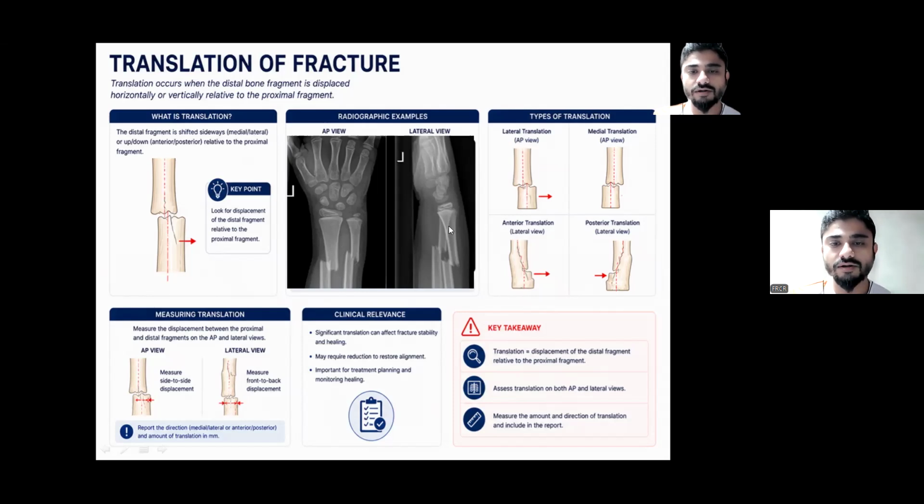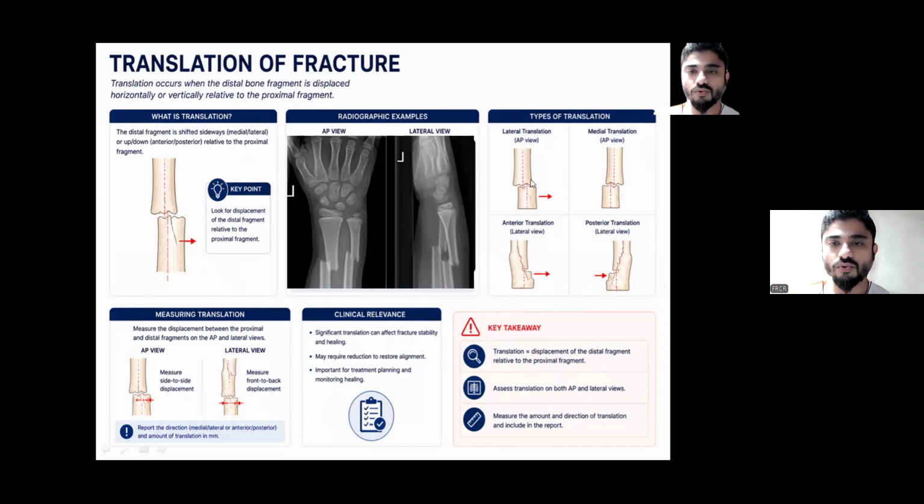Coming to the lateral radiograph, you can see there is a dorsal displacement of radius as well as ulna, dorsal translation. Translation occurs when the distal bone fragment is displaced horizontally or vertically relative to the proximal fragment.